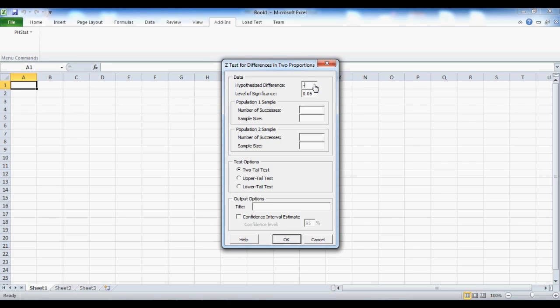So, the hypothesized difference is 0.22, which is solved by the group. The level of significance, as stated in the problem, is 0.05, which is the alpha.